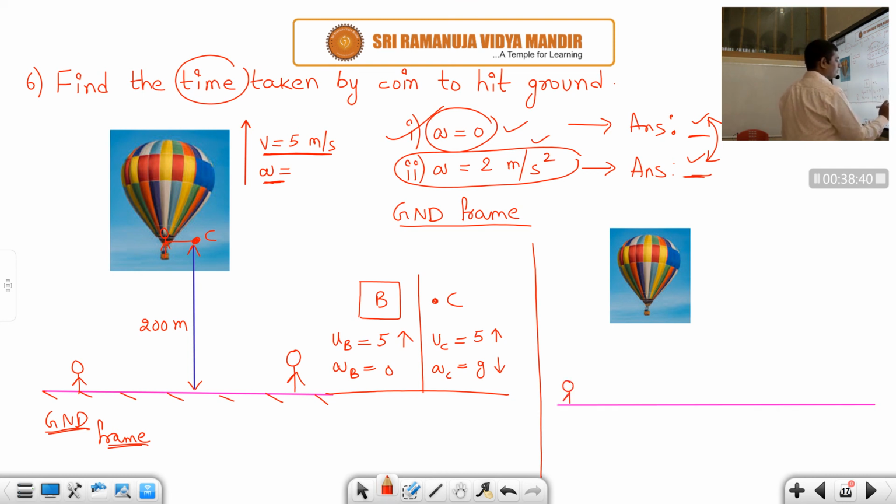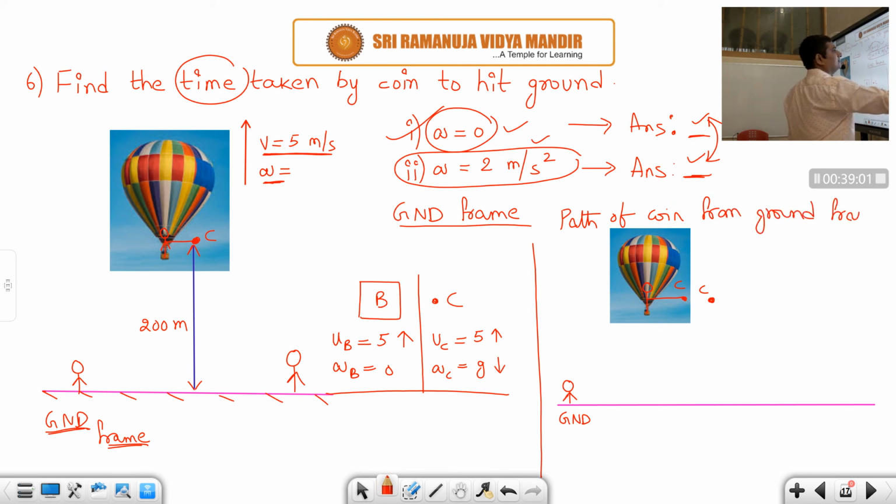Ground frame. I am standing on the ground and a coin is being dropped here. So what is the path of the coin from the ground frame? Once you have an idea of the path, then it is very easy to analyze. That's why in all these sessions I am drawing the path.